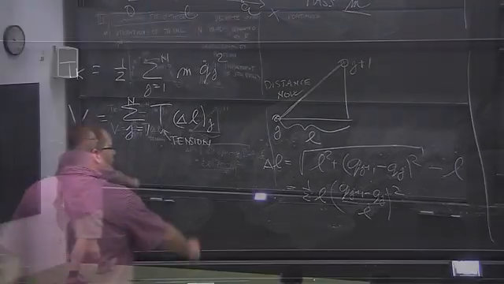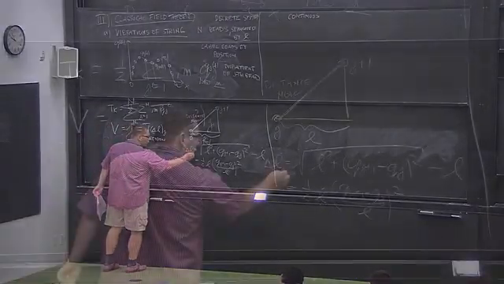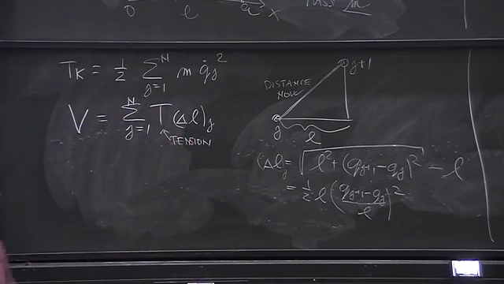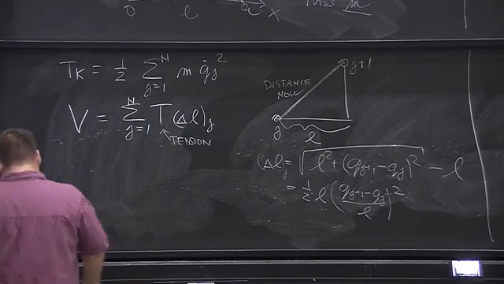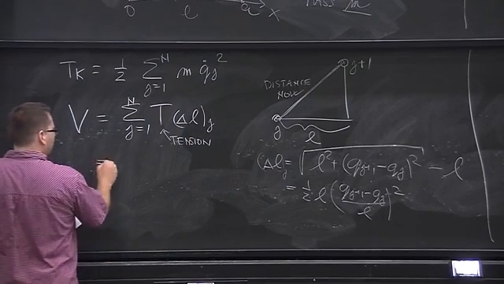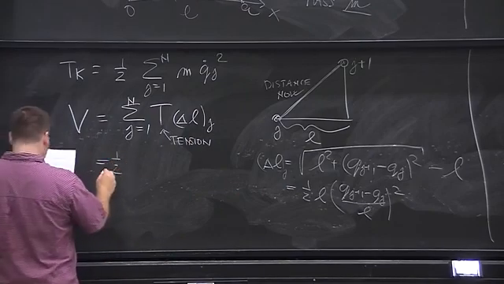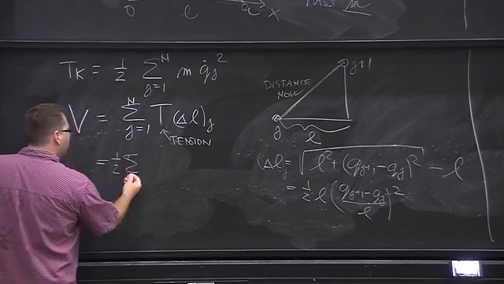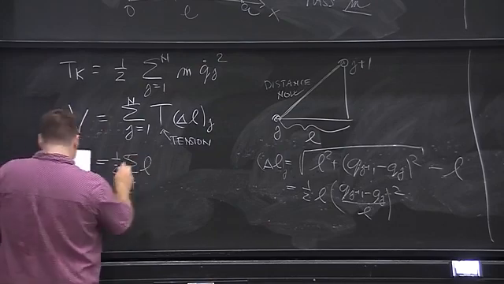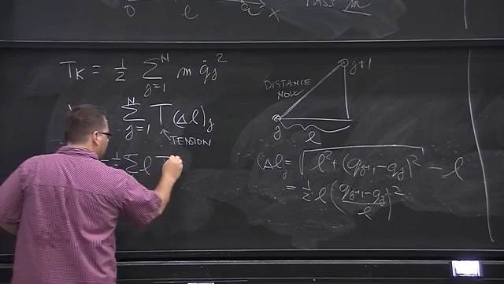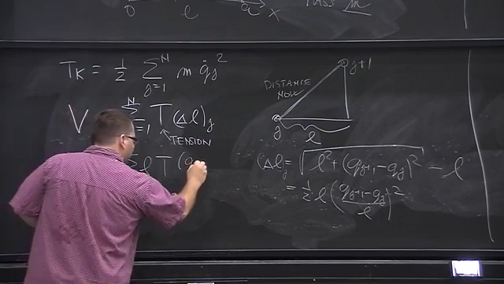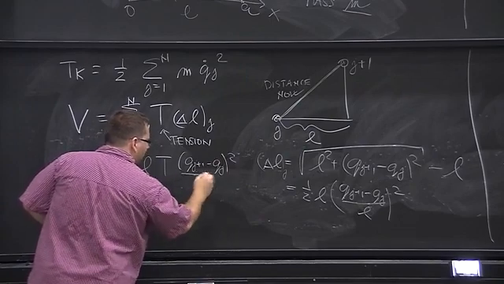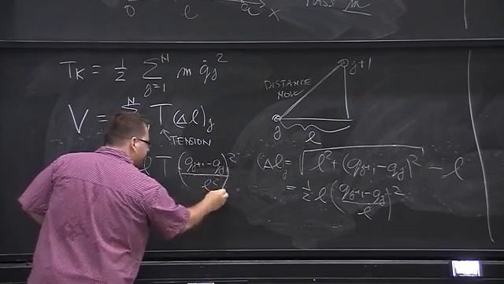And this is what I would call delta Lj. Okay, so all you have to do now is plug it back. And so you are getting that the potential energy is just given by 1/2 sum over j of L, and then T, (qj plus 1 minus qj) squared divided by L squared.